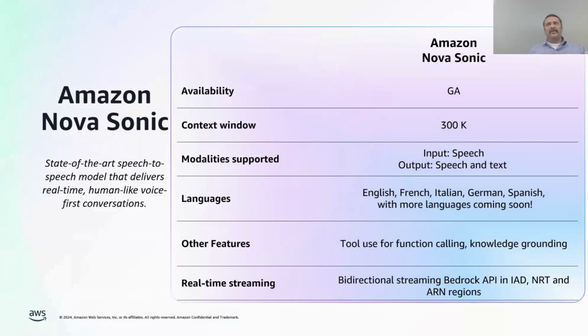Some of the key details: again, it is generally available. It can support up to 300K tokens. For modalities, it supports speech, and it can generate speech as well as text. That is one of the great benefits, because it could generate the text, the entire transcription of a conversation, so that you could use it for further automation.